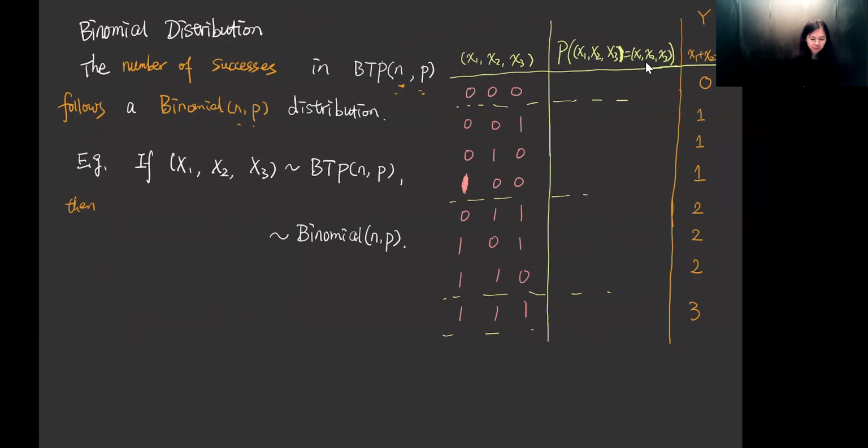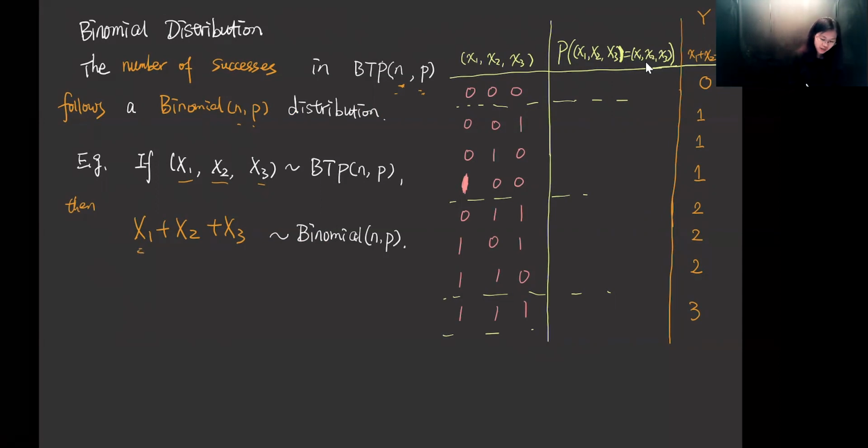For example, if the sequence X1, X2, and X3 follows a Bernoulli trial process with parameters 3 and p, then the sum of the three random variables follows the binomial 3, p distribution. So why the sum? Because each of them equaling 1 indicates a success.